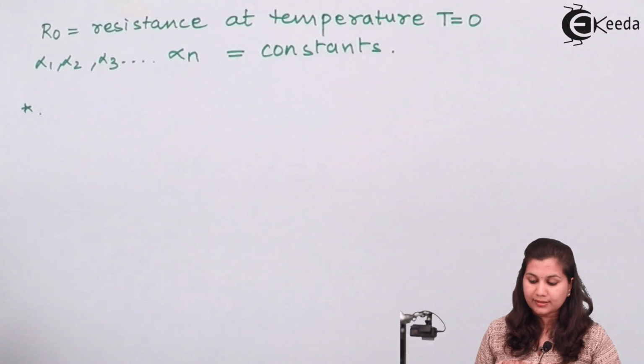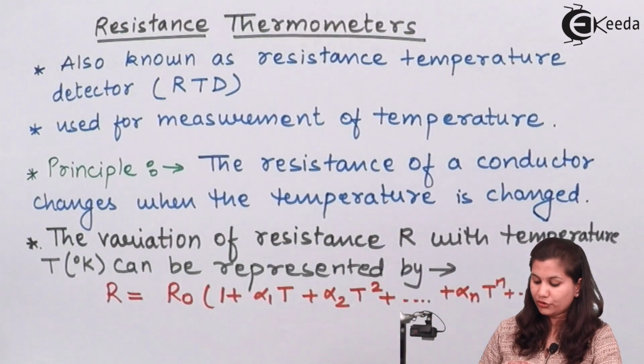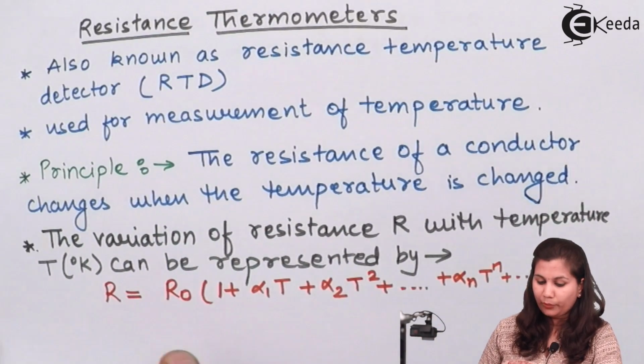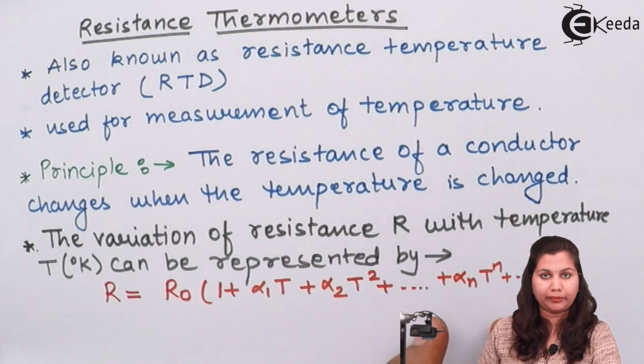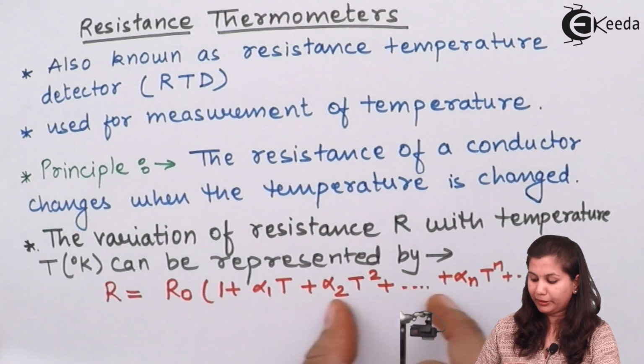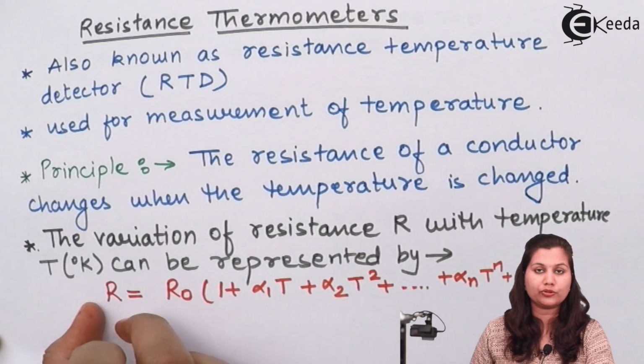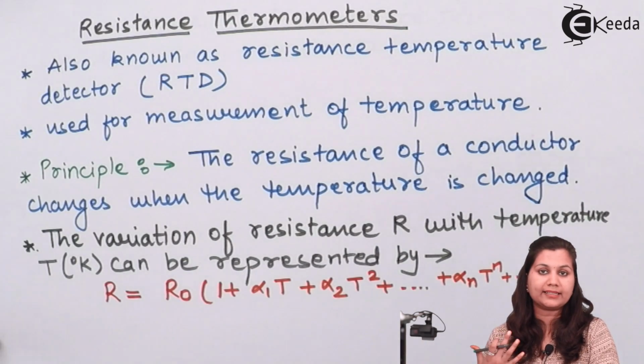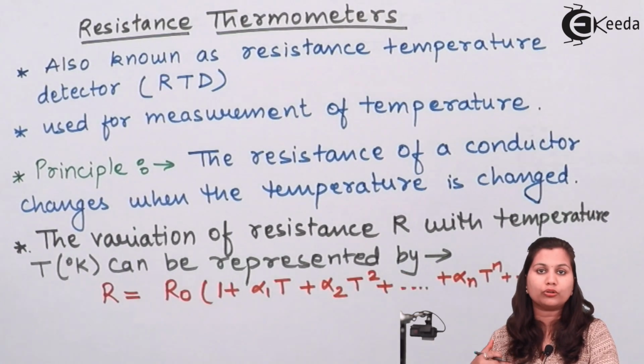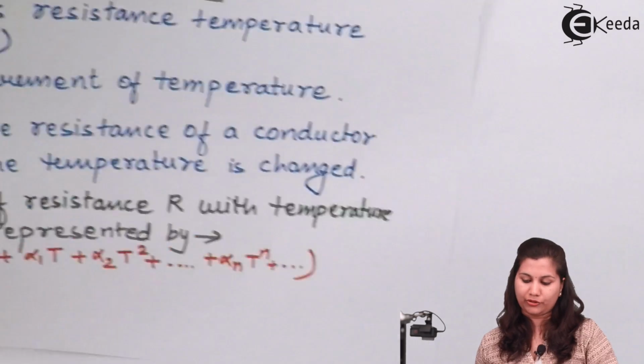So the resistance thermometers use this change in resistance with the change in temperature, because as the temperature changes, resistance also changes. They utilize this principle, that the change in resistance is used to determine the temperature changes or to measure the temperature variations.